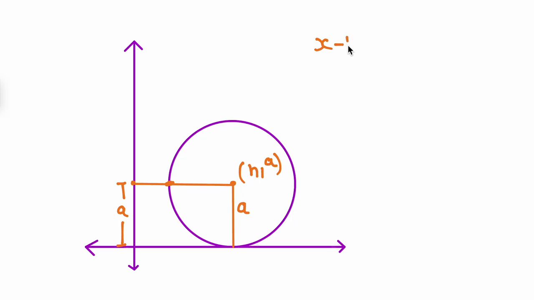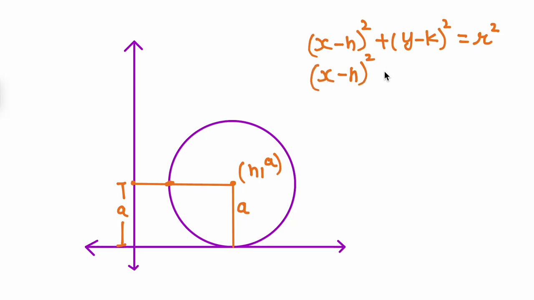So let's write the general equation first: x minus h whole squared plus y minus k whole squared is equal to r squared. So that will be x minus h, because h and a are not the same, plus y minus a whole squared is equal to a squared, right? So if this number and this number are the same, that means the circle is touching the x-axis.